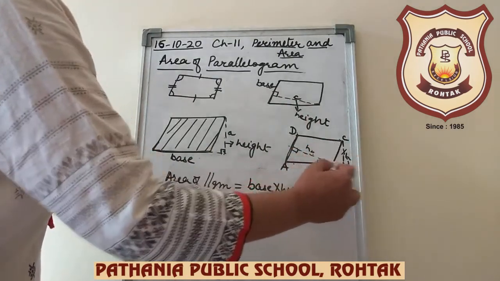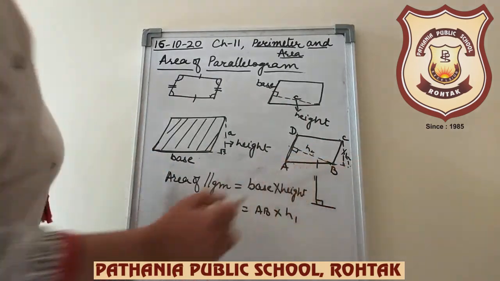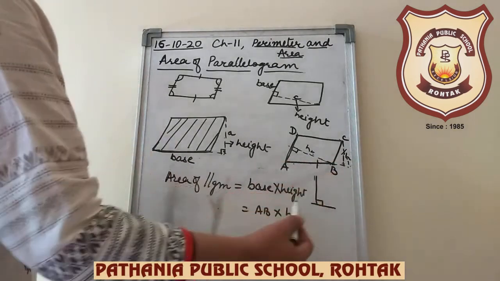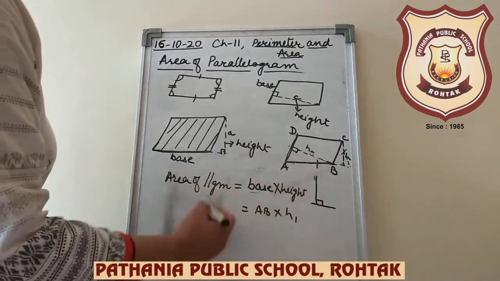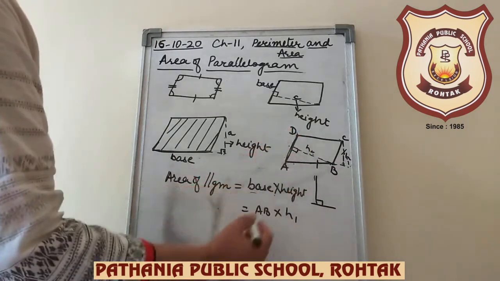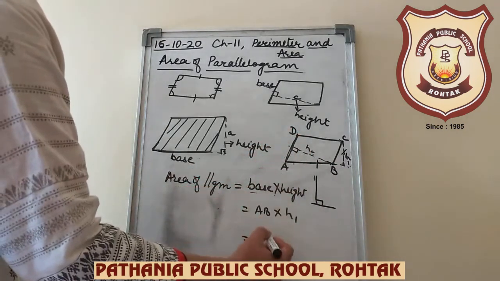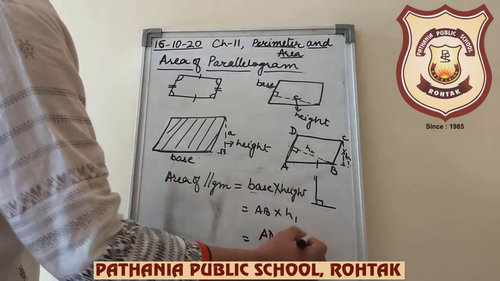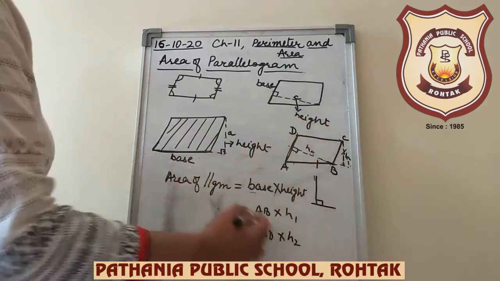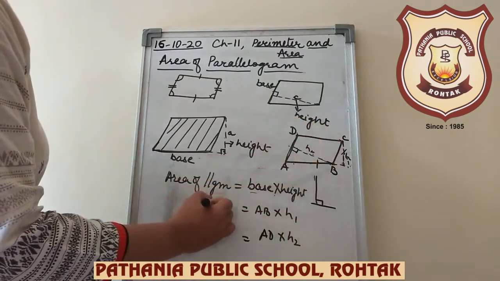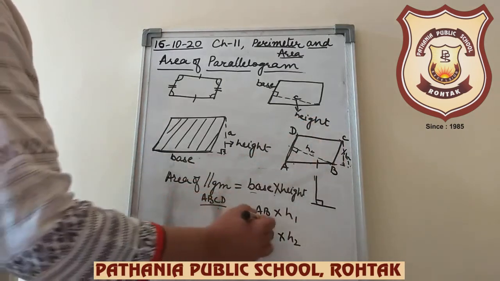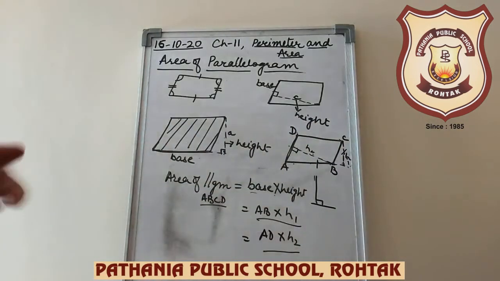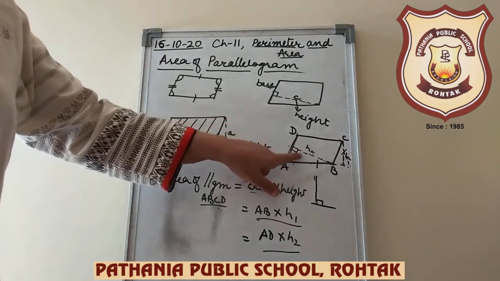Where the height is going to rest, on which side it ends, that is going to be the corresponding base. And if I have to take the base as AD, then the height is h2. But as the parallelogram is ABCD, the area is going to be the same if you take this base and its corresponding height.